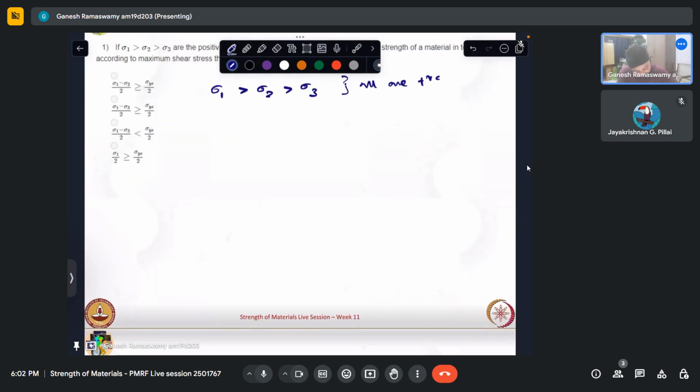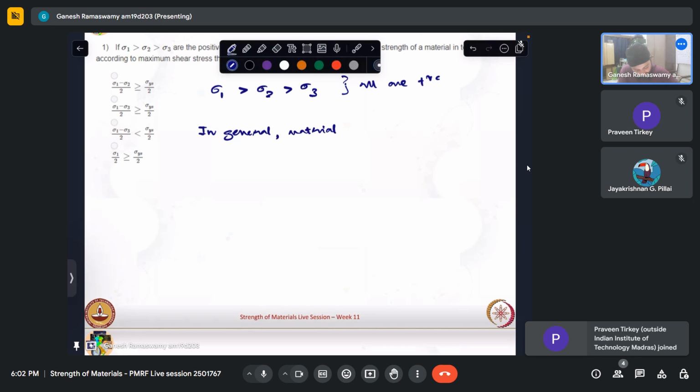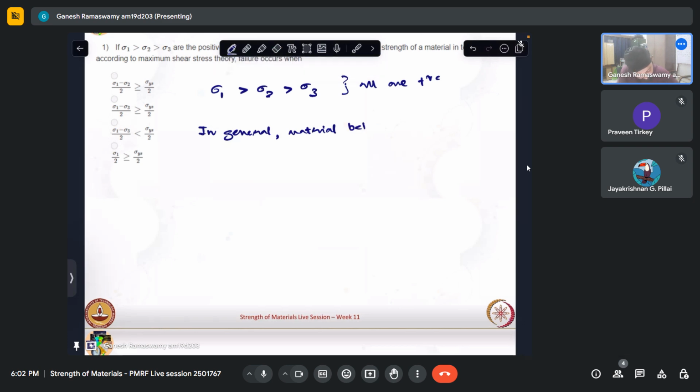So in general, material behavior is characterized in two broad forms.